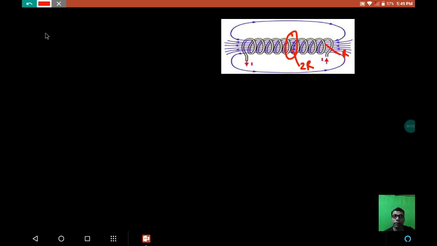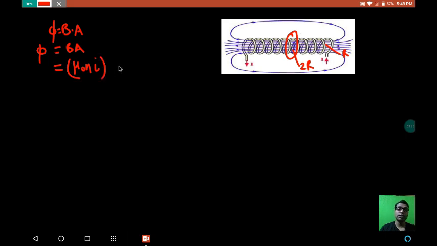We know that the flux is given by phi equals B dot A, so it is BA because cos is 0. Now we have to put the value of B. What is the magnetic field due to the solenoid? It is mu naught n I, into the area.